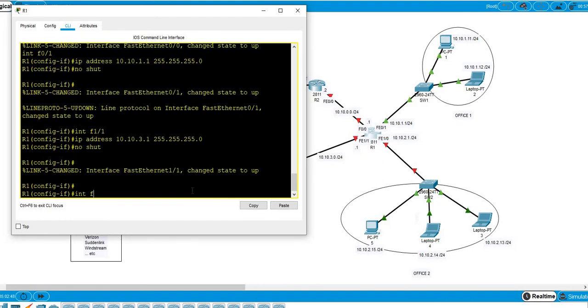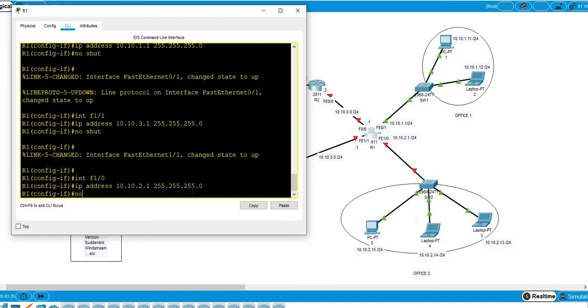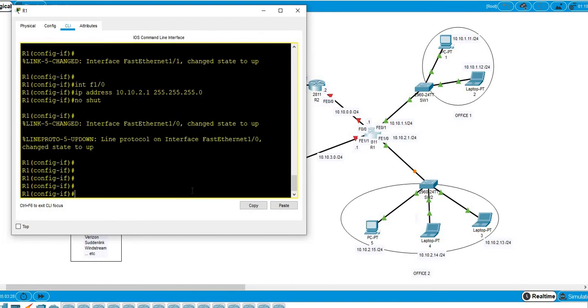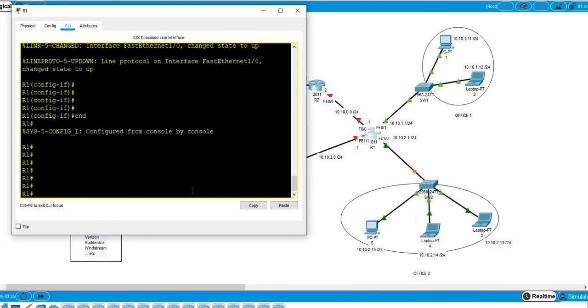Interface fast Ethernet 1/0. IP address. This is the interface towards Office 2. 10.10.2.1, subnet mask 255.255.255.0. No shut. Okay, go back to the enable command line. Let's verify the configurations we just configured.